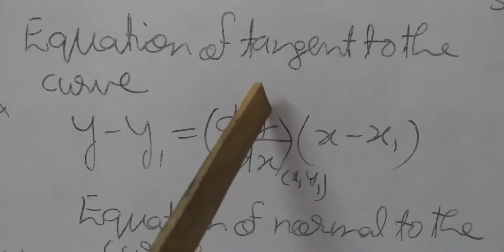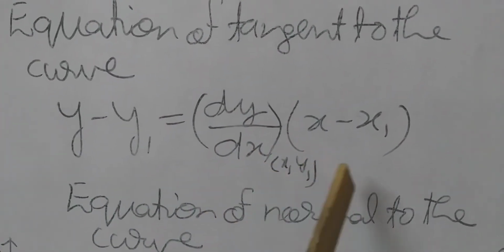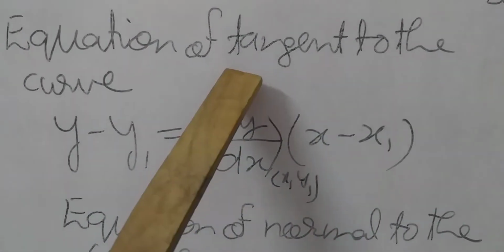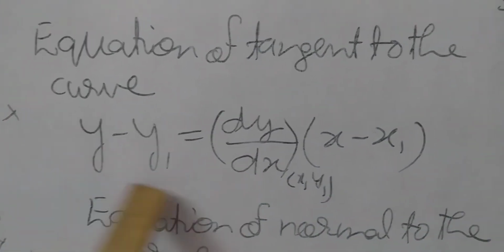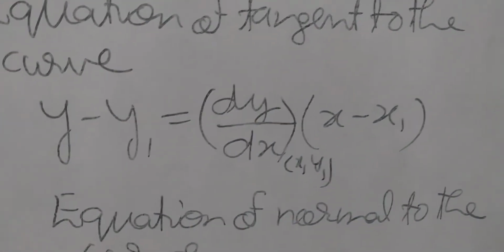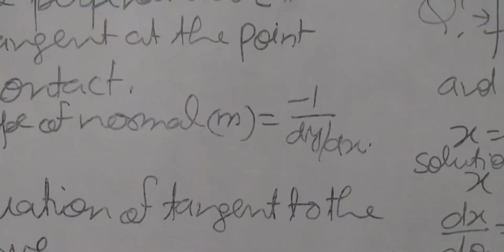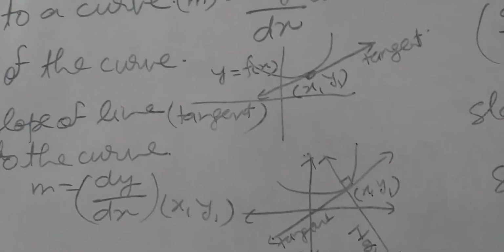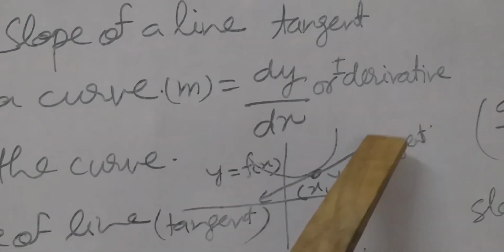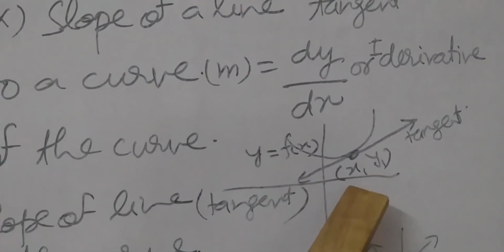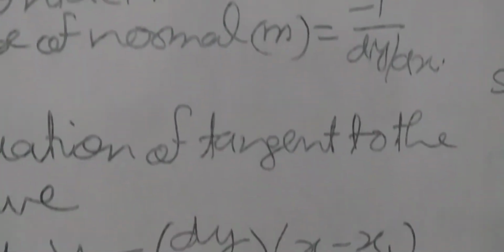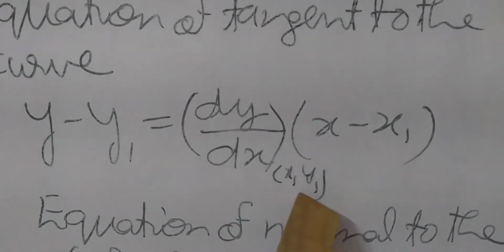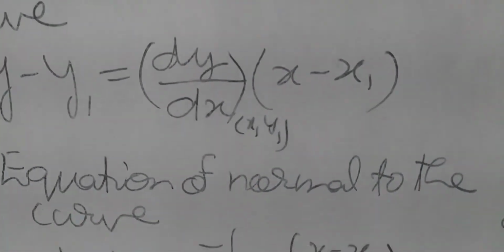In place of m, we can write dy by dx at the point x1, y1. This is the slope of tangent, student, and this is the equation of tangent. Okay, so we have used here the slope point form of the line because tangent is a line passing through the point x1, y1. Then its equation is y minus y1 equals dy by dx at the point x1, y1, times x minus x1.